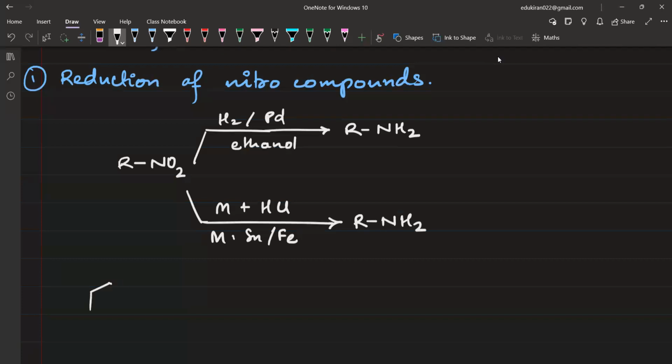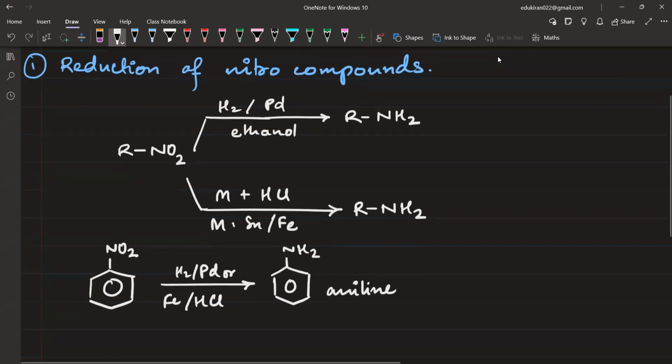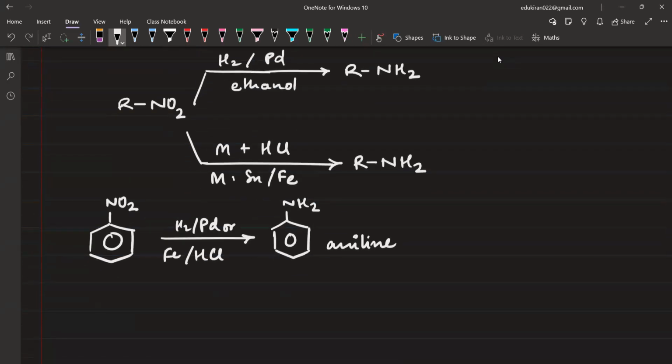So you have benzene and an NO2 group here. When you react this with H2/Pd, or let us suppose Fe in the presence of HCl, in both of these cases you will get a benzene ring in which NH2 is attached. Now this molecule is known as aniline. When NH2 is on benzene, it is called aniline. Please write this down.